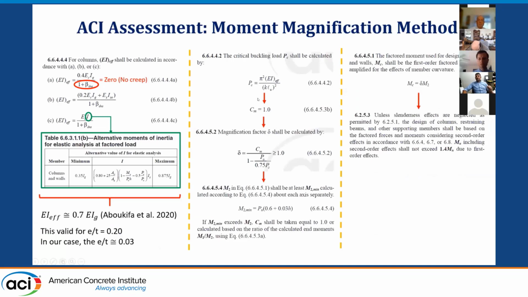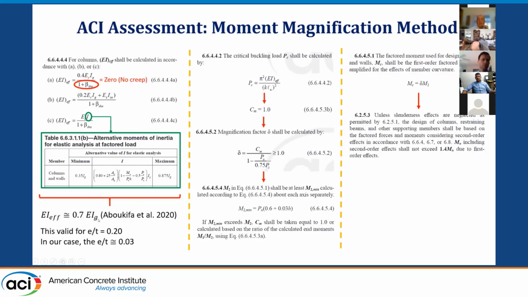Then we were ready to proceed with the moment magnification method. Again, it's a very lengthy procedure. I'm not going to go through all the details, but the key here is that there is a magnification factor that we calculate, and this magnification factor depends on the slenderness ratio. So it's a multi-step process, and there are several things we need along the way. The stiffness is one of them.